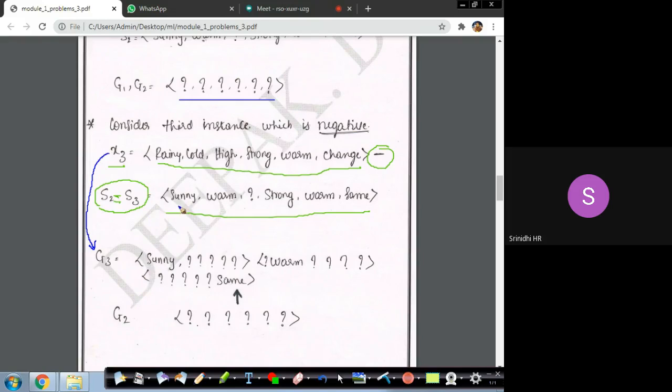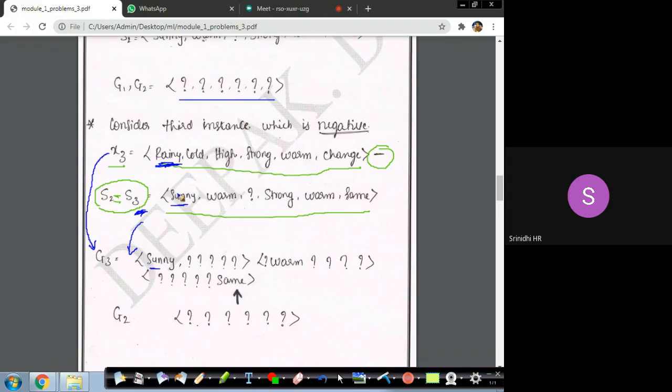Considering your S3, the specific hypothesis, observe your S3 and start updating your G3. In S3 I have first sunny. For x3 I'm having a different value, that is rainy. So for the first I'll be writing sunny here. If there is sunny, irrespective of whatever attributes, I'll replace it by the general hypothesis.